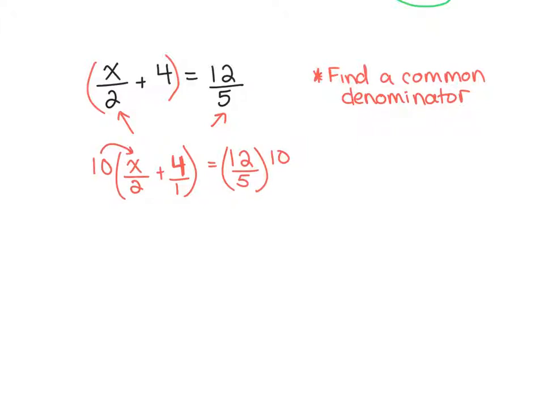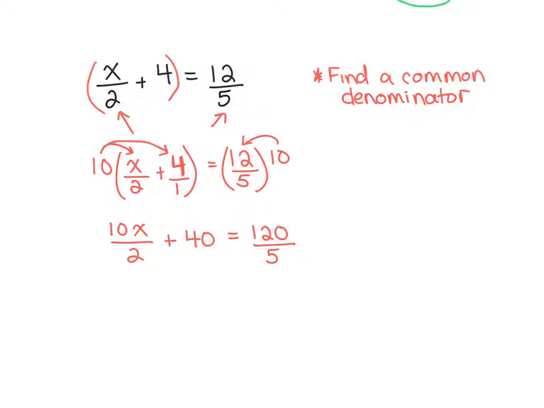So I'm going to apply the 10 to both terms in my brackets. So now I'm going to have 10x over 2 plus 10 times 4, which is 40, equals, and when I apply this one, I have 12 times 10, which is 120 over 5.